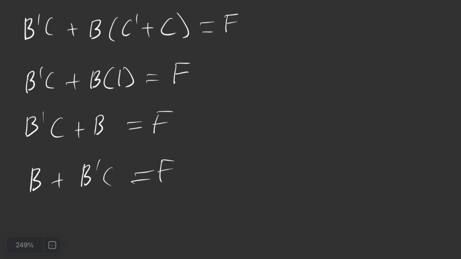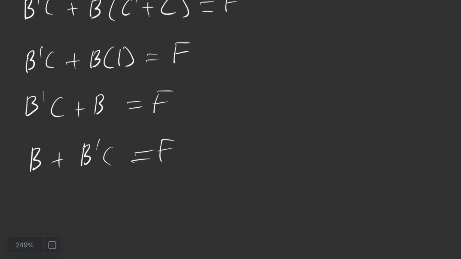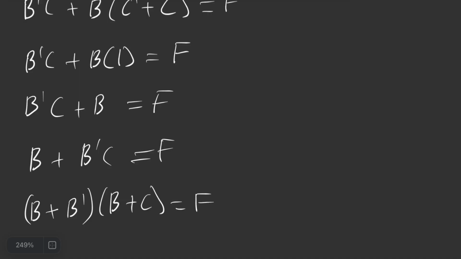Now I'm going to use the distributive law. If you don't remember, it's x plus yz equals x plus y, x plus z. So for us, that's going to look like b plus b prime, and then b plus c equals f.